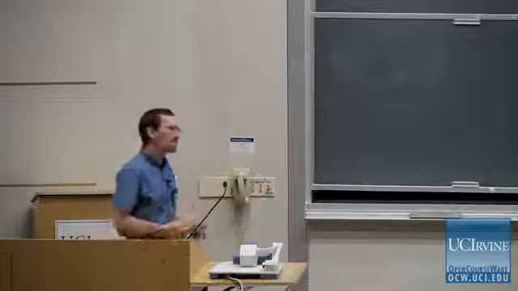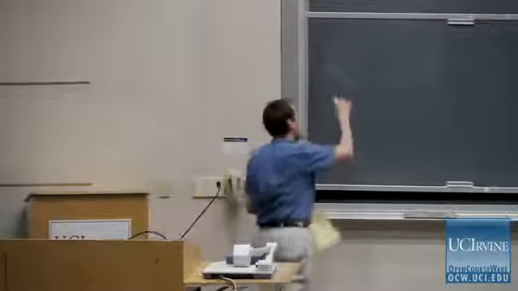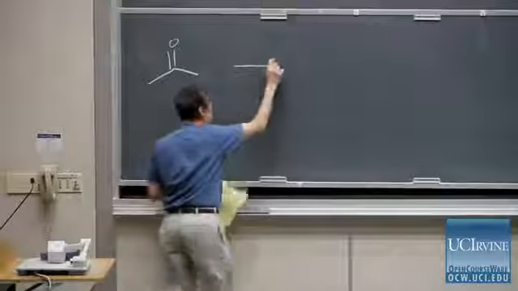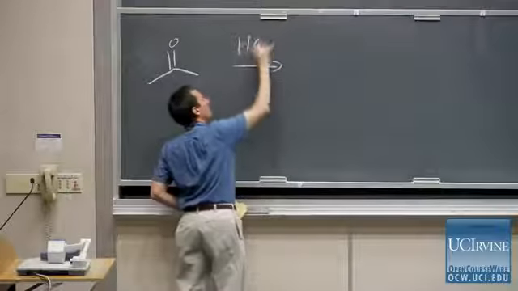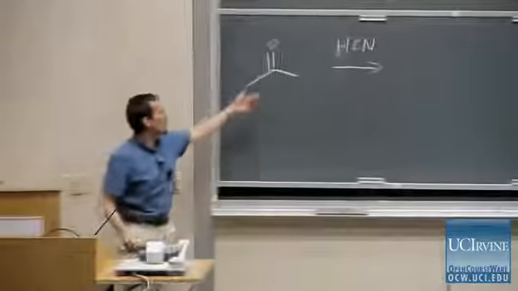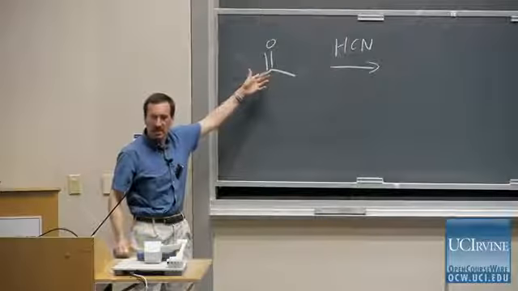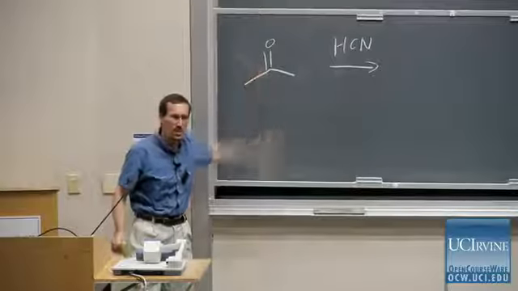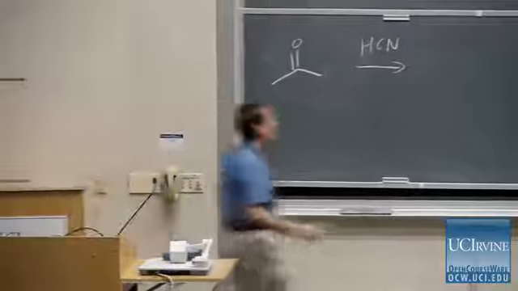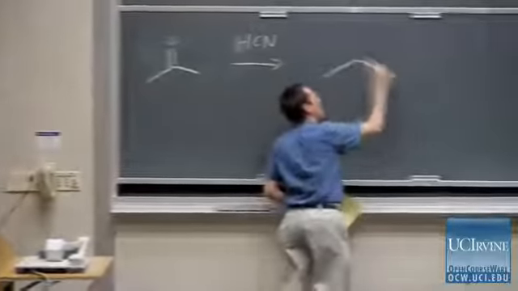And we saw what set the stage for these reactions in two different reactions. We saw the reaction of hydrogen cyanide with a generic ketone or aldehyde. I'm not meaning this to mean acetone per se, but any sort of ketone or aldehyde. And the reaction was to form a cyanohydrin.